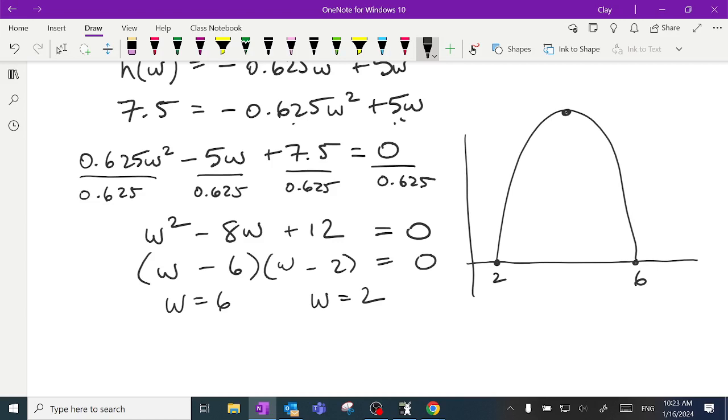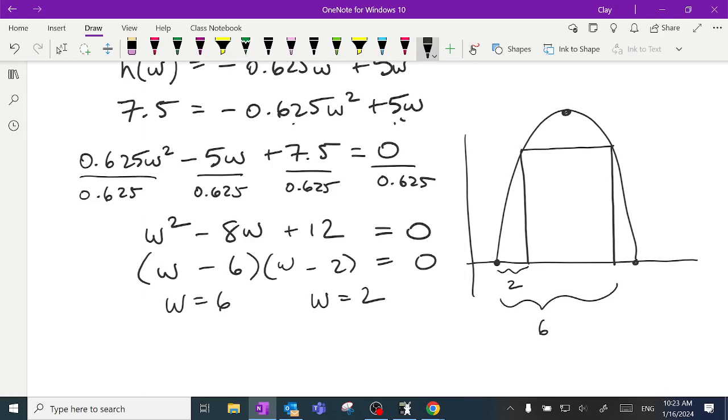Oh yeah, that's right. The box is in here. This would be a 2, and this would be a 6.